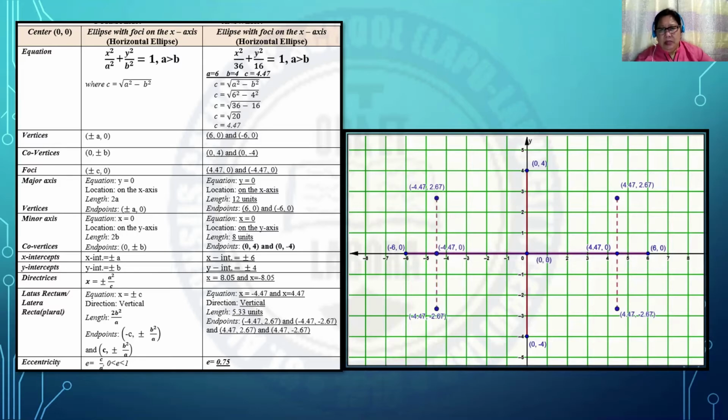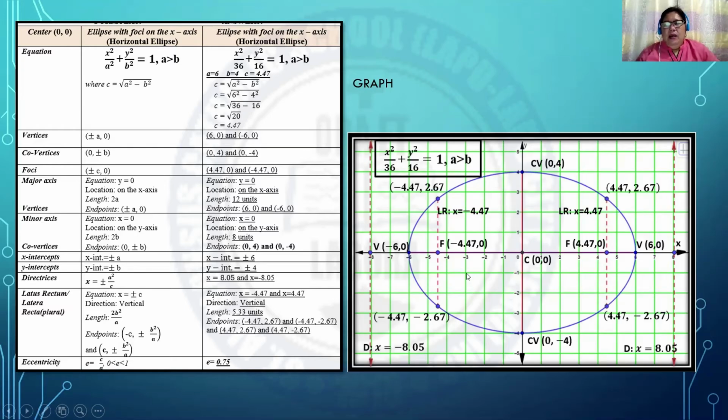You draw a segmented line to represent the latus rectum, and then draw the directrix, another directrix, and then draw the ellipse. So this is the graph, and then you have to label properly the graph.